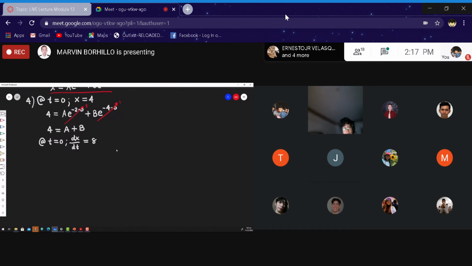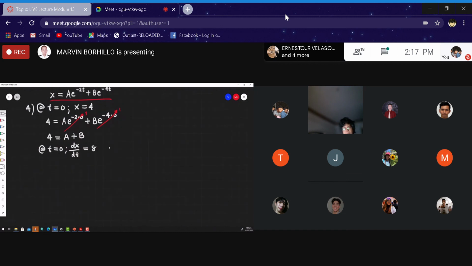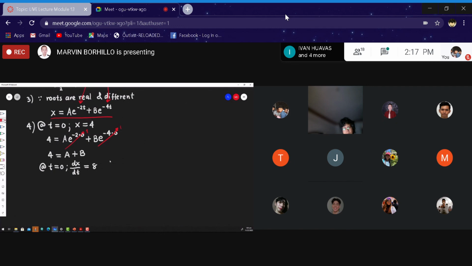So, kunin muna natin yung derivative ng equation na to. Ang derivative niyan is dx over dt is equals to negative 2a e raised to negative 2t plus negative 4b.